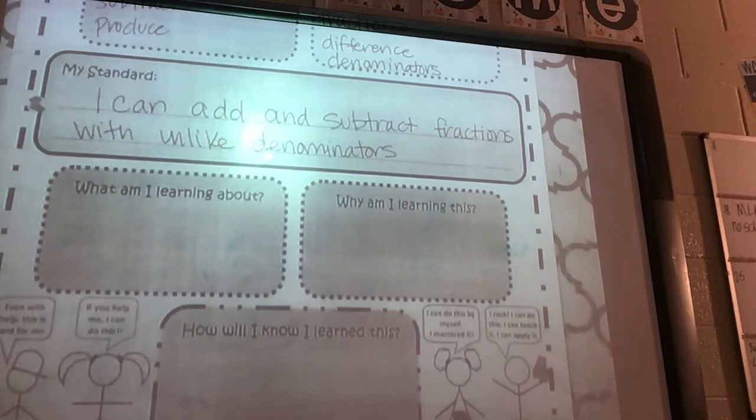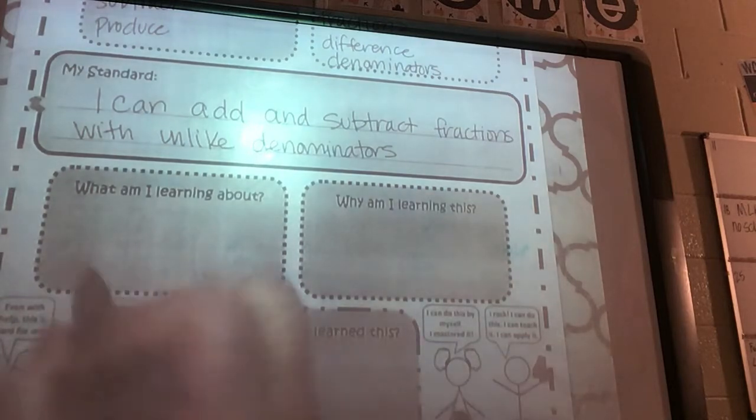What am I learning about? Adding and subtracting fractions. Good.